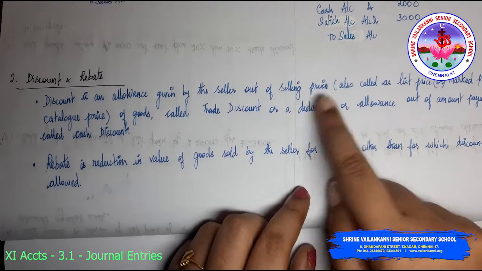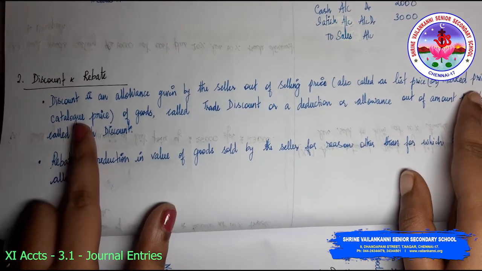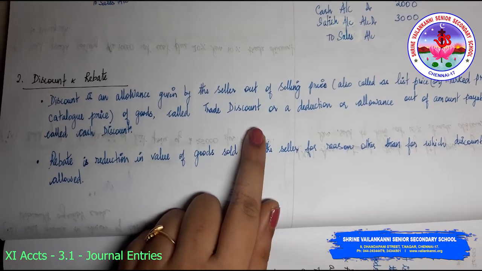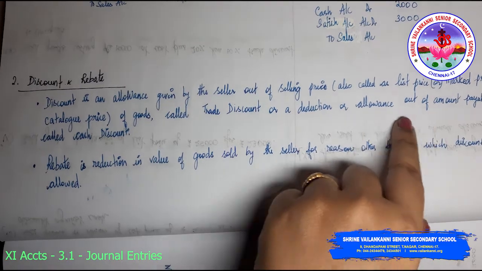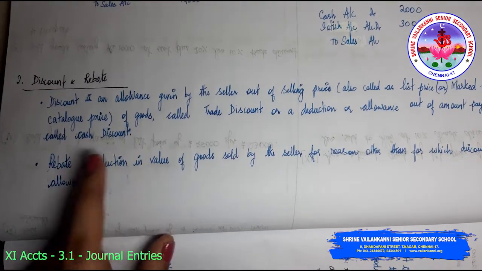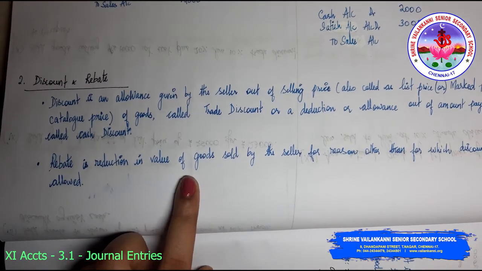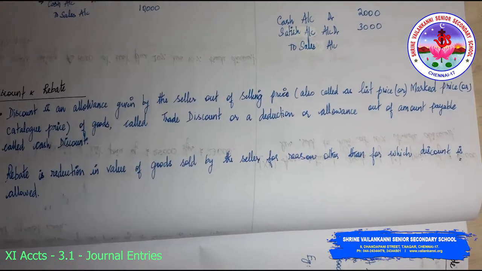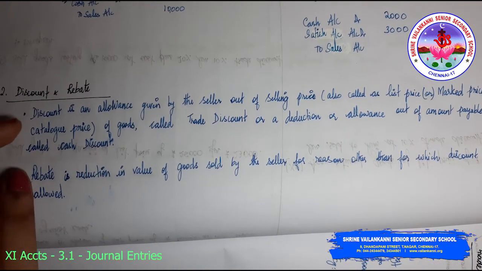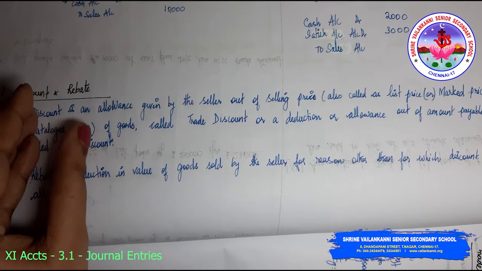So selling price is otherwise called list price or marked price or catalog price of goods, called trade discount, or a deduction or allowance out of amount payable, called cash discount. Okay, rebate is reduction in the value of goods sold by the seller for reason other than for which discount is allowed. So we will be talking about rebate separately, about discount separately. So now we will focus on discount.